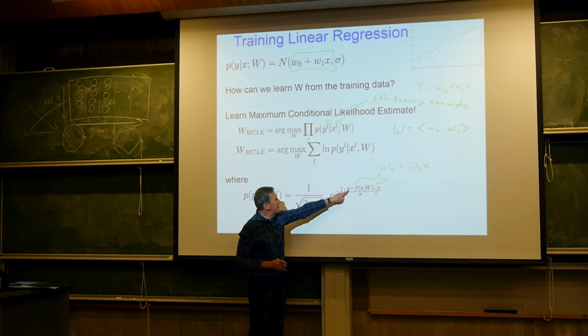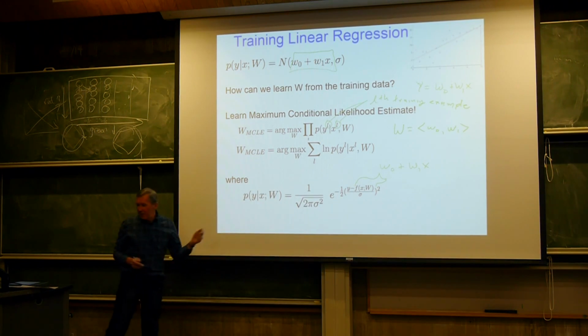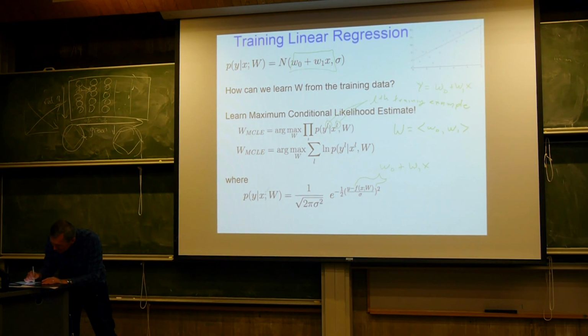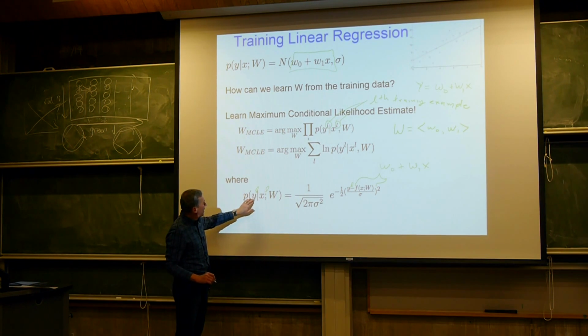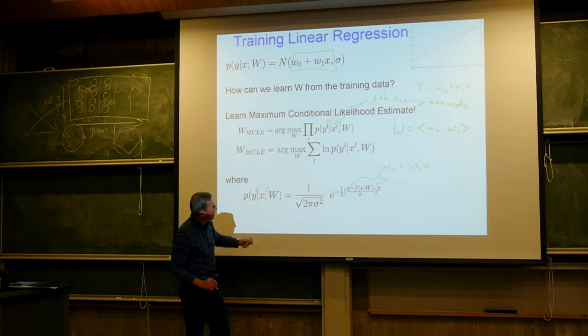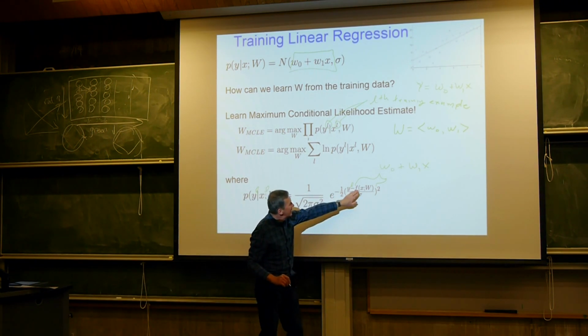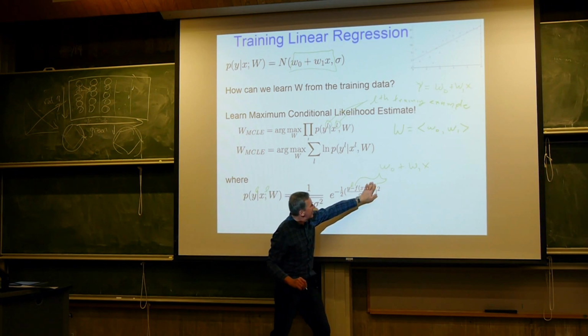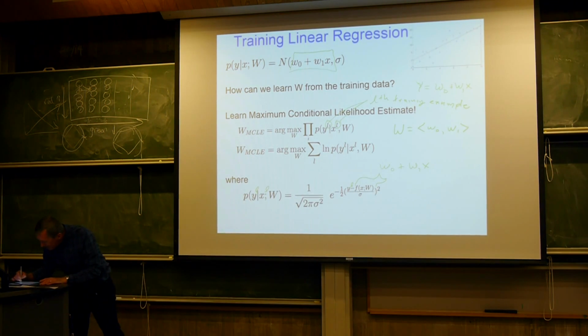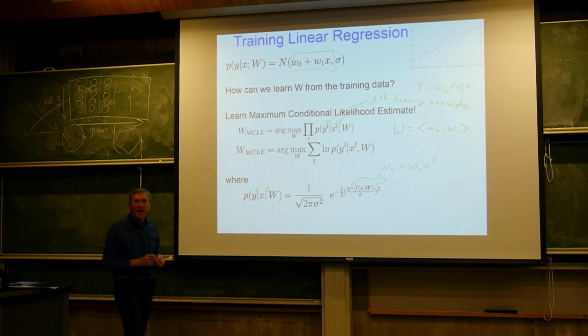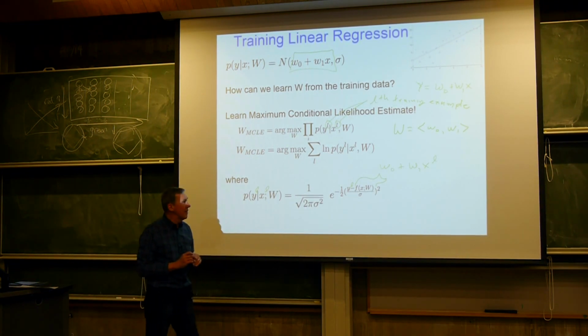To talk about a particular training example, I'll say the probability of the Lth y given the Lth x is this, where this is w0 plus w1 times the observed Lth x.